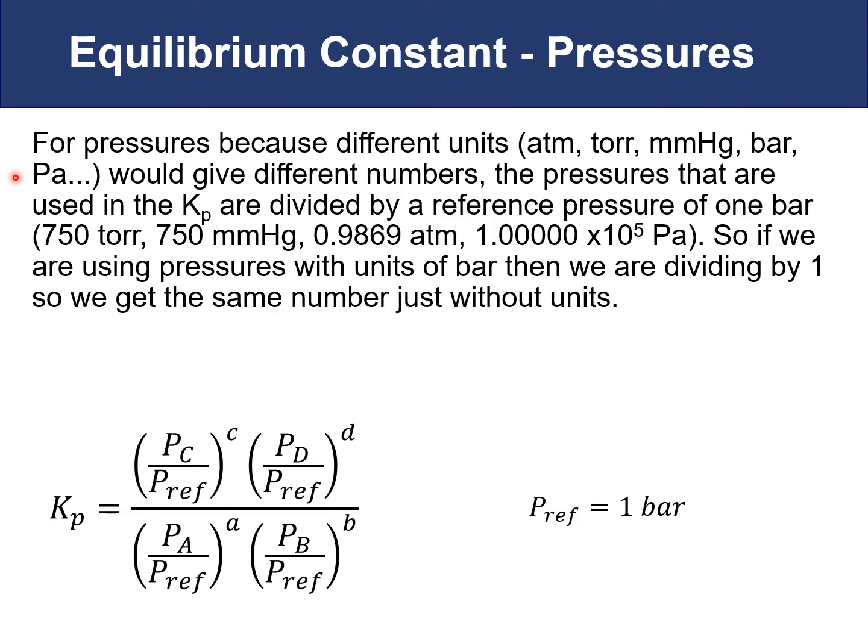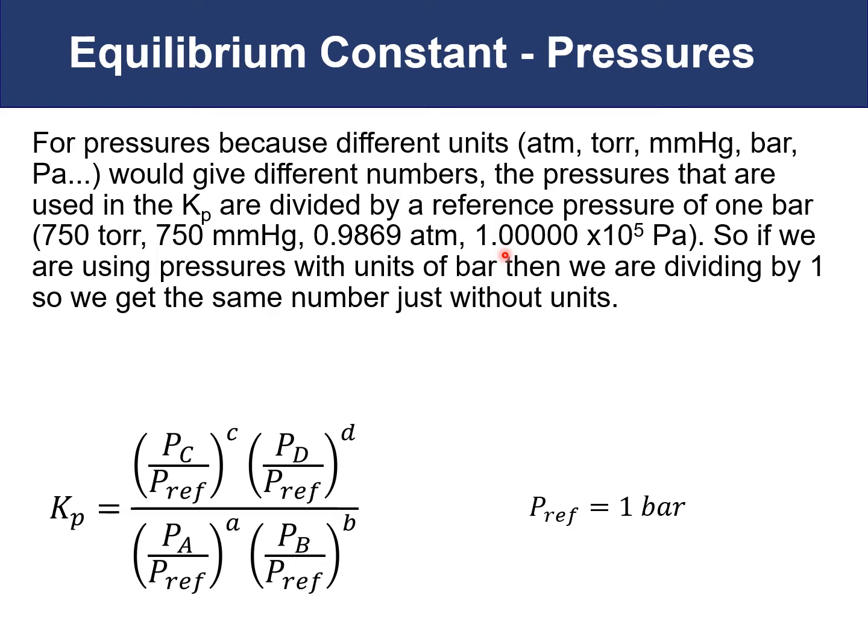The reason that, again, our equilibrium constant is itself unitless is because there are hidden reference values that are used to remove the units from the values that we're plugging in. The standard reference currently, according to SI units, should be 1 bar of pressure. 1 bar of pressure is 750 torr, 750 millimeters of mercury, 0.9869 atmospheres, or 10 to the 5th pascals.